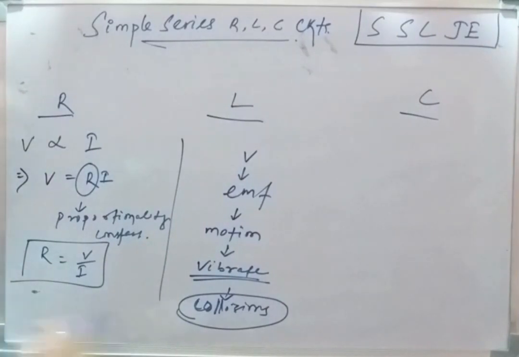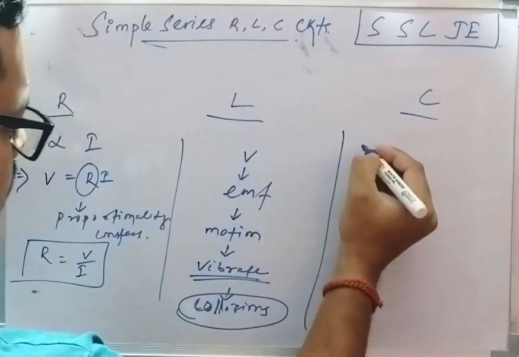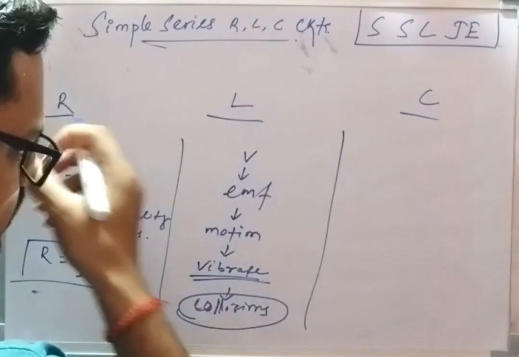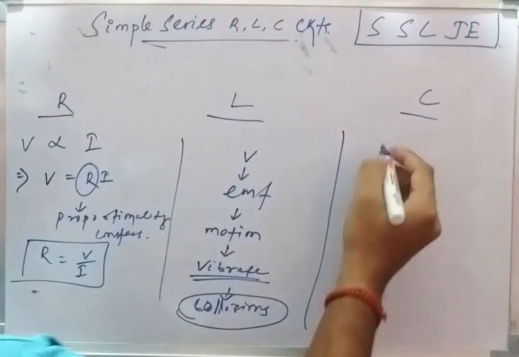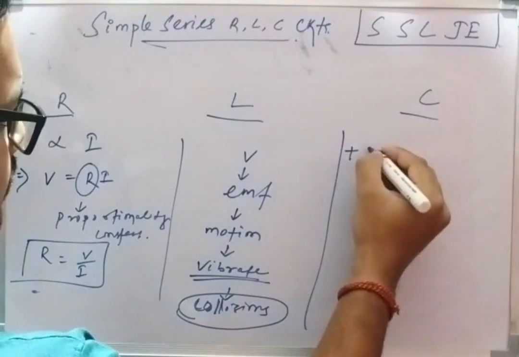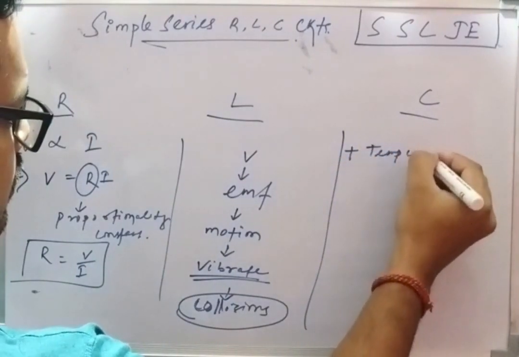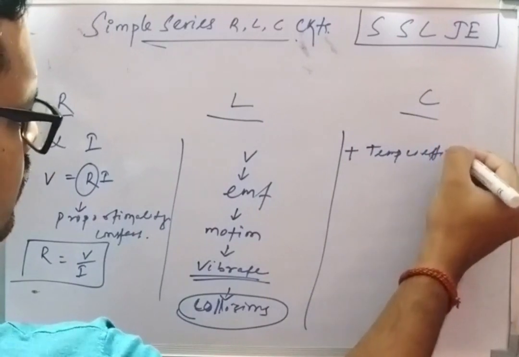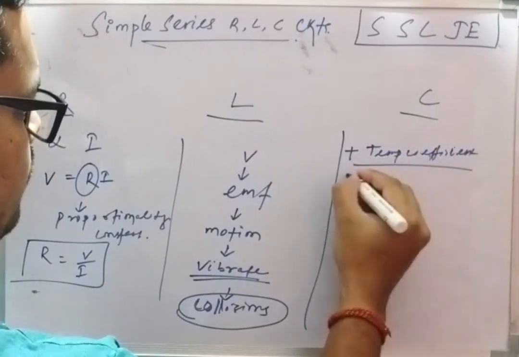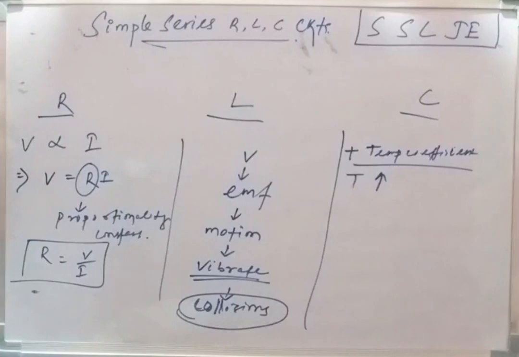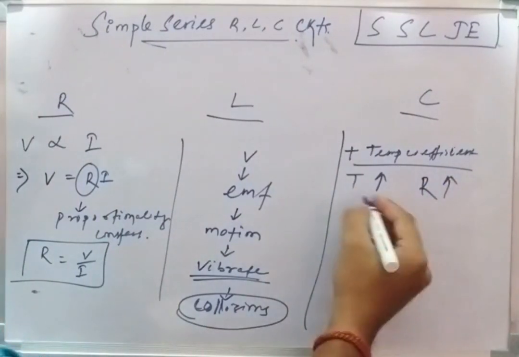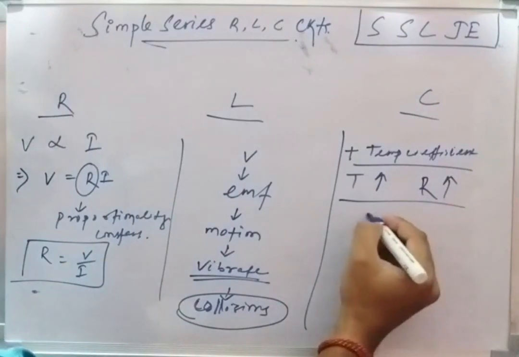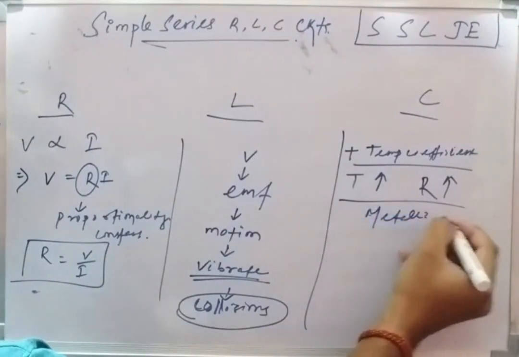One more thing, resistance is dependent on temperature. That constant is called the temperature coefficient. For a positive temperature coefficient, if the temperature rises, resistance will also rise, and this happens in metallic conductors.